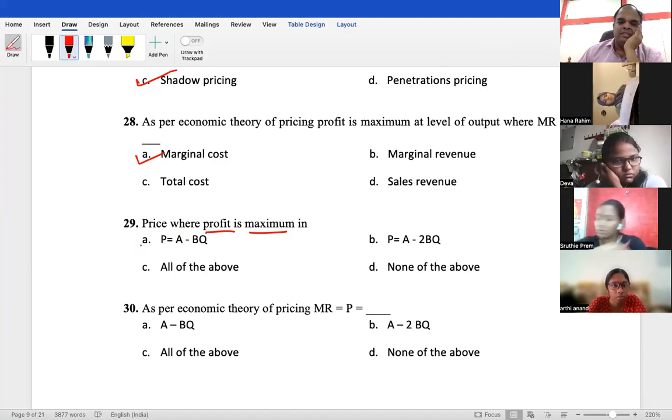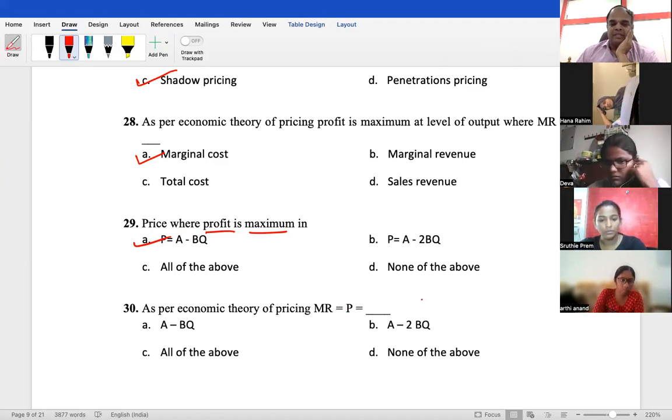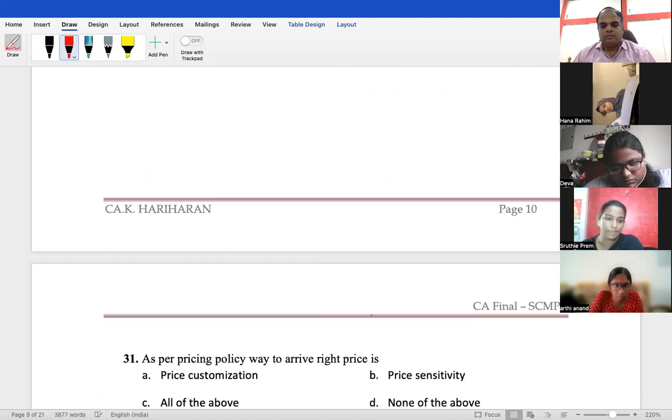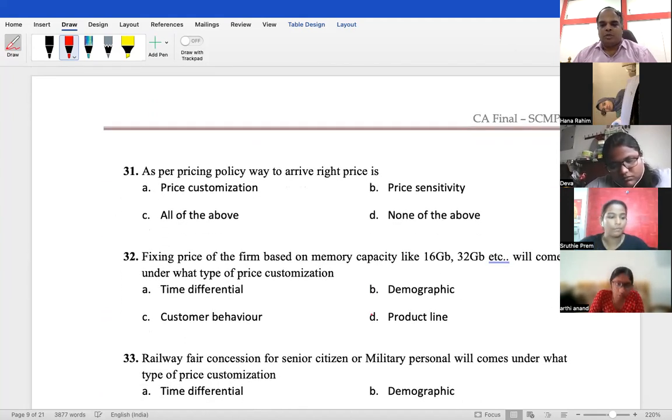So the price equation is A minus BQ. As per economic theory of pricing, MR is equal to P. At that juncture, P is equal to 2BQ. We'll do a sum also based on this.